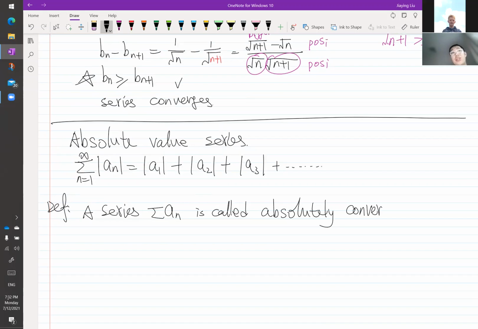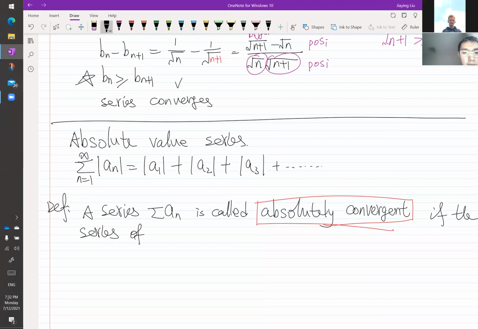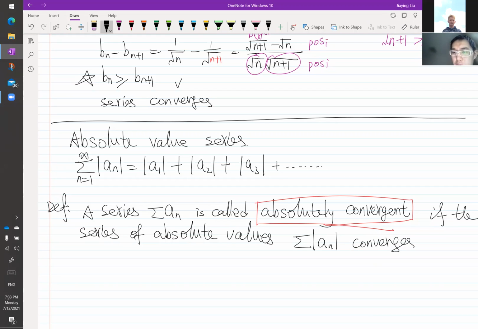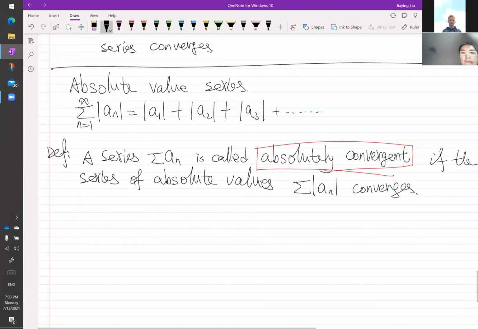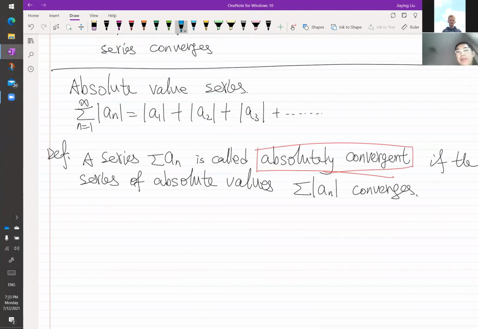This is not just convergent, it's called absolutely convergent, if the series with the absolute value of an converges. So that's the definition of absolutely convergent.